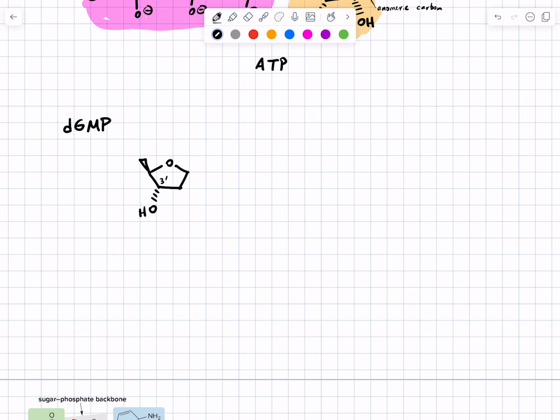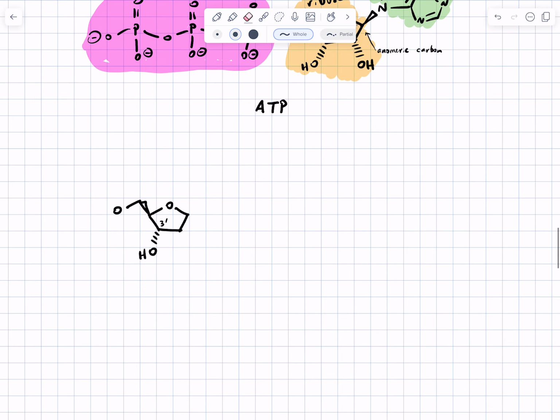There should not be an OH group on the 2' carbon. And actually, let's suppose that this is deoxyguanosine 5' monophosphate. I guess that was implied in how I wrote it out.